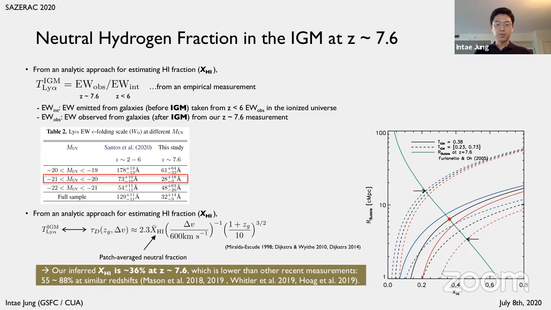And we adopt an analytic approach to estimate the HI fraction as below, which relates Lyman alpha transmission to the average HI fraction. So our inferred HI fraction is around 36% at redshift 7.6, which is considerably lower than the other recent studies reporting values from 55% up to 88% at similar redshifts.